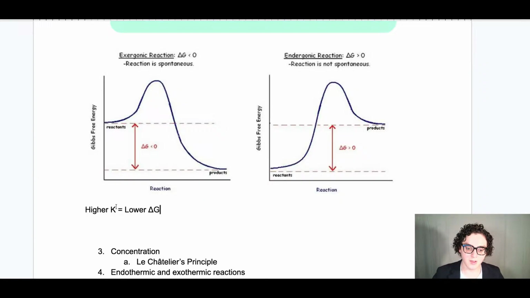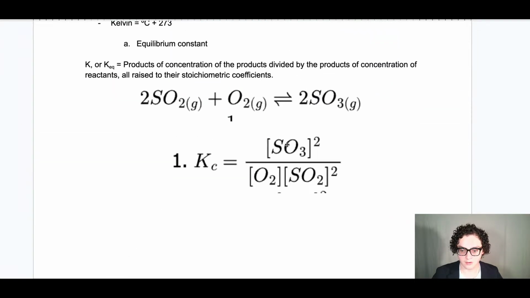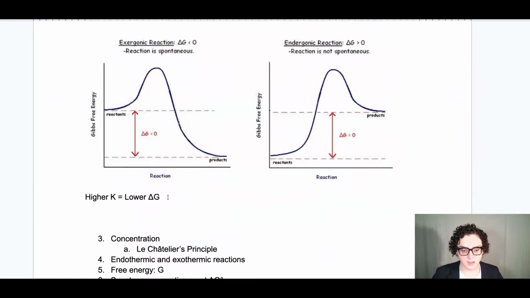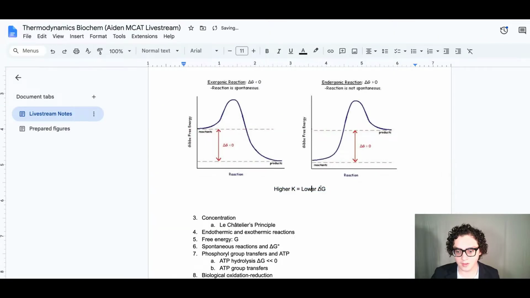Since K is a measure of the products at equilibrium, increasing products increases the value of K. So we can say that a higher K, more products at equilibrium, equals a lower delta G, a more negative delta G.